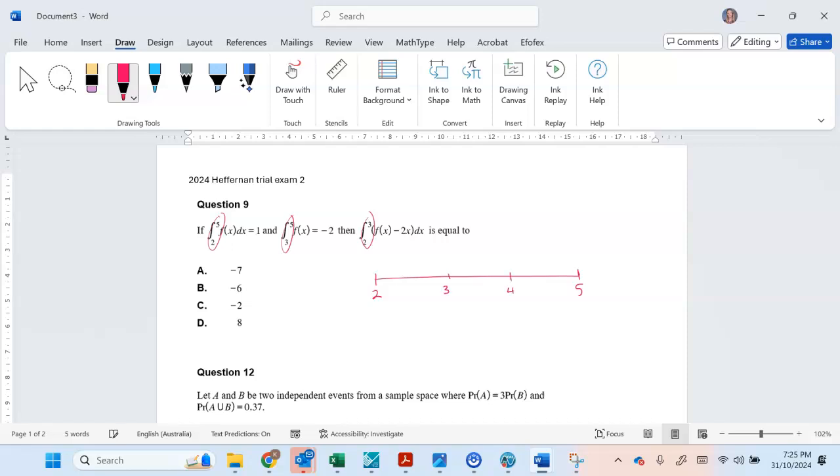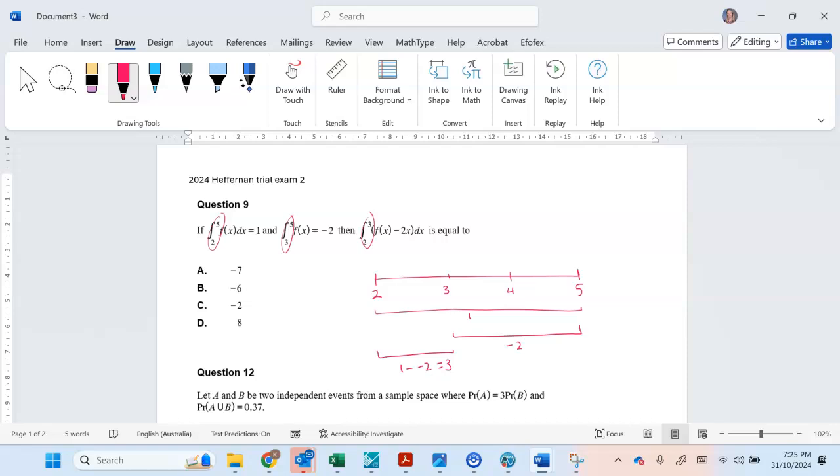The integral of f of x dx from 2 to 5 is equal to 1, and from 3 to 5 is equal to negative 2. If we want 2 to 3, that's going to be 1 minus negative 2, which gives us 3.